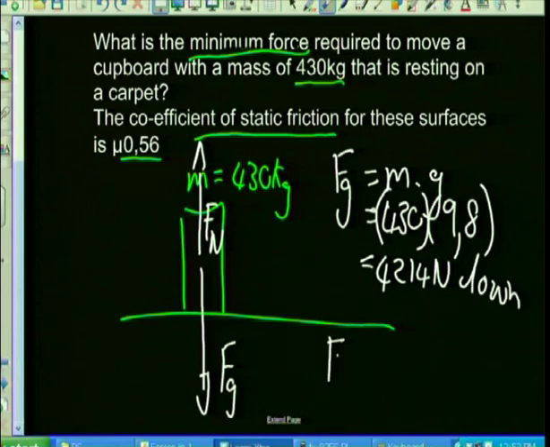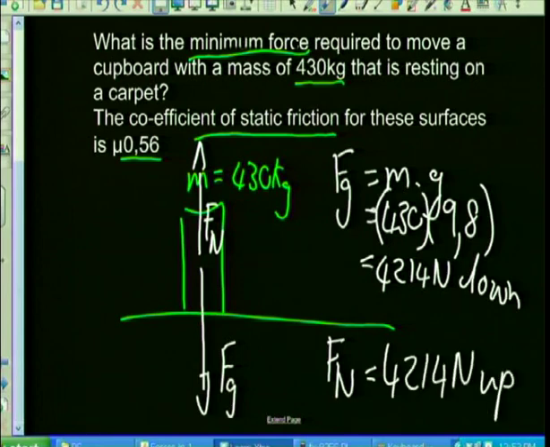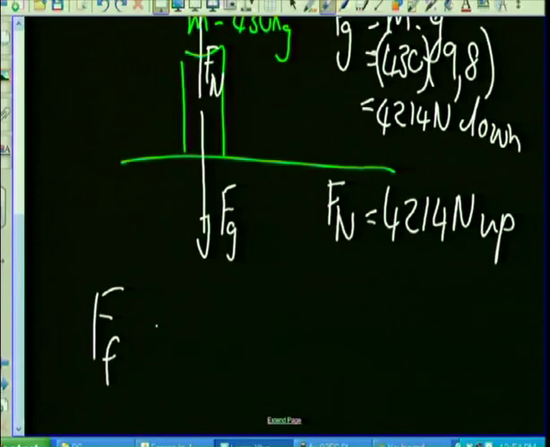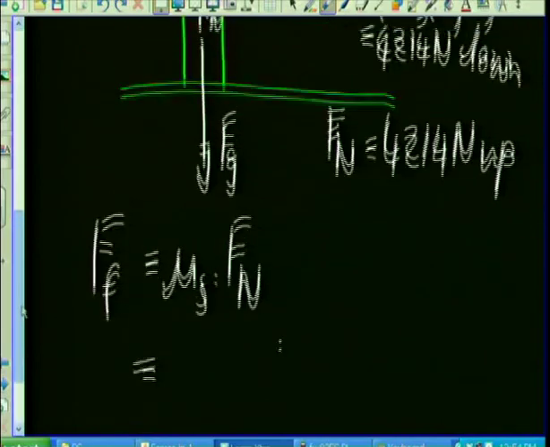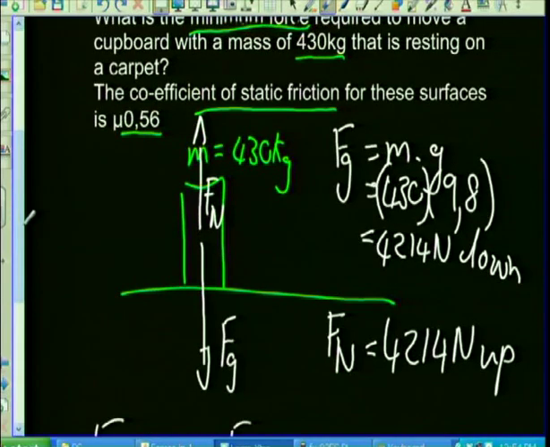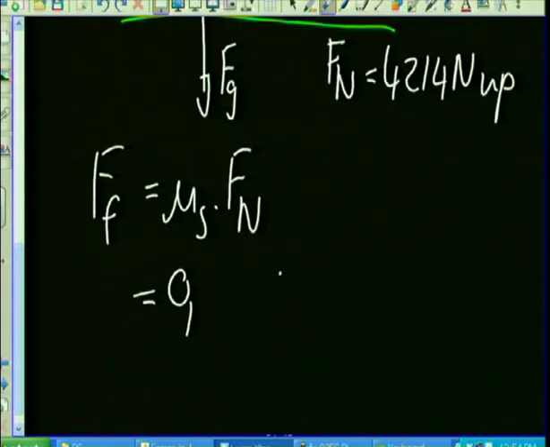What we need to recognize is the normal force is 4,214 newtons up. Excellent. So how are we going to find the minimum frictional force? Well, the equation we were given is the frictional force is equal to nu static times the normal force. So we've got the nu value. It's just a Greek letter, 0.56.